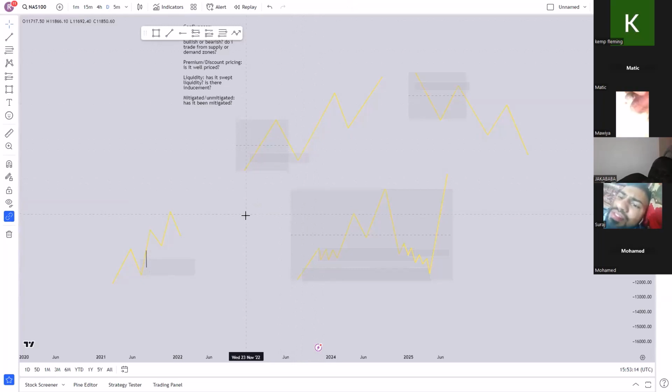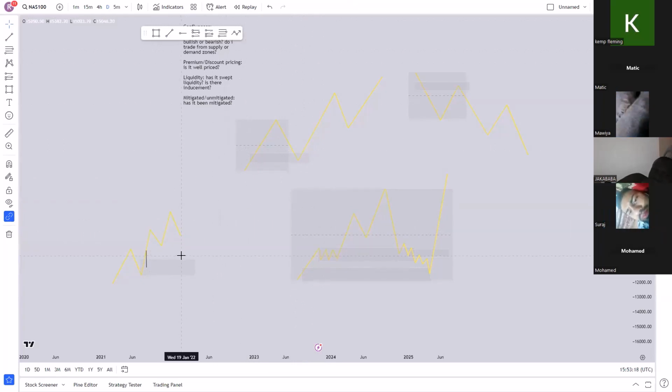Would we place all of our trust on a mitigated zone or an unmitigated zone? Unmitigated, exactly. We want to look for unmitigated zones. Why? Because they have all of the orders still within there.